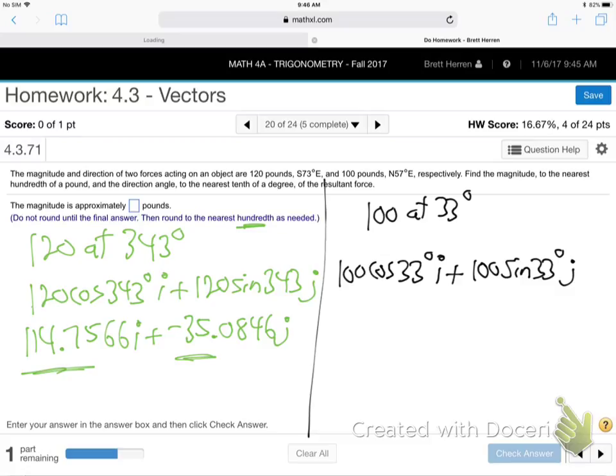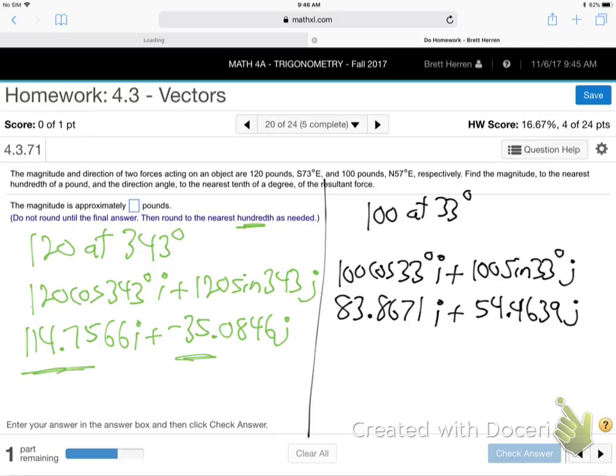Let's figure that out. I'm getting, let's use 4 places for now, 83.8671 I plus 54.4639 J.